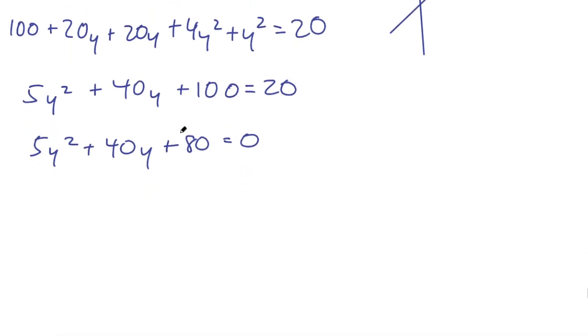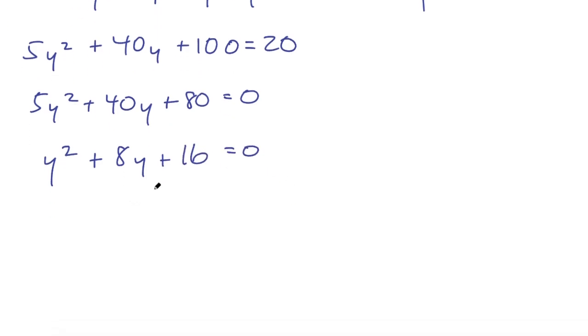Now, I can factorize out a 5. So if I divide all of those by 5, I get y squared plus 8y plus 16 equals 0. And then I can go ahead and factorize this equation into two brackets and find a value for y. So what are two factors of 16 that will add to 8?